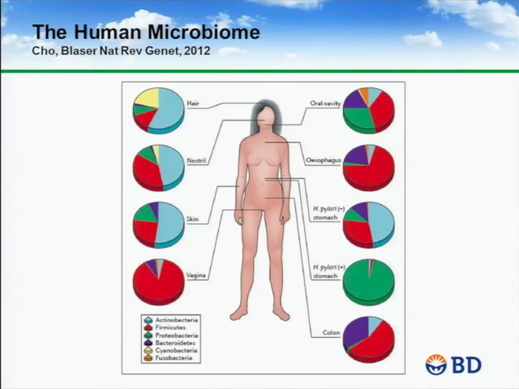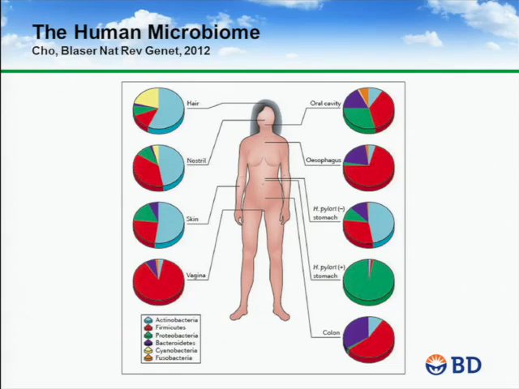And this is another one of the studies that looked at the core microbiome from a number of different samples: hair, nostril, skin, vagina, oral cavity, esophagus, the stomach with and without Helicobacter pylori, and the colon. Consider that the colors represent different groups of bacteria.